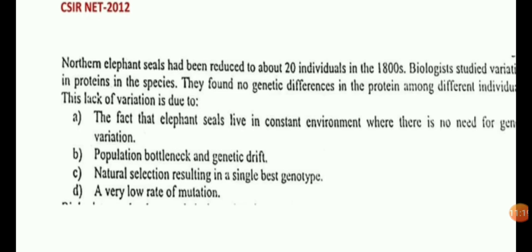Here you can see only 20 individuals, so a small number of population. So the bottleneck effect is genetic drift that occurs for a very small number of population. We can eliminate the options: very low rate of mutation, natural selection resulting in a single genotype, and the elephant seals' constant environment where there is no need of gene variation.